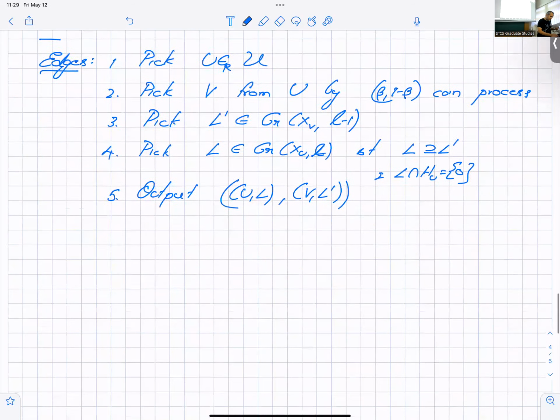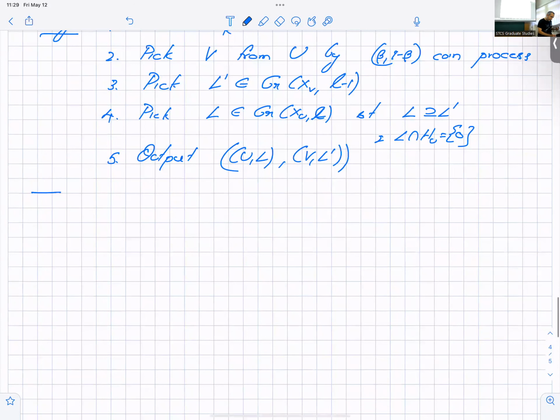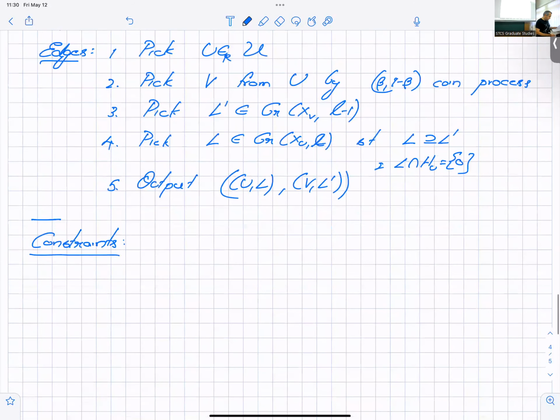What are the constraints? Constraints should be obvious on this, no? So basically now I'm going to expect a labeling.